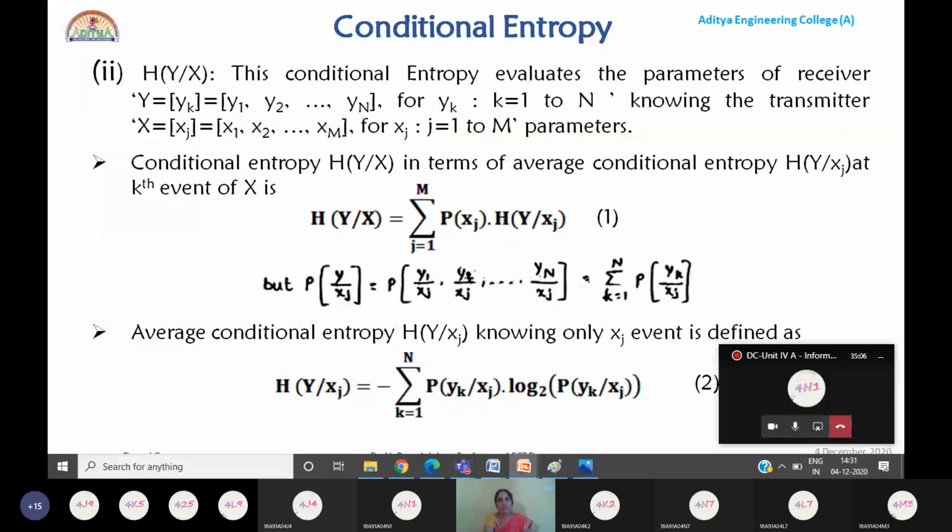Please tell me the procedure to derive the expression for conditional entropy.